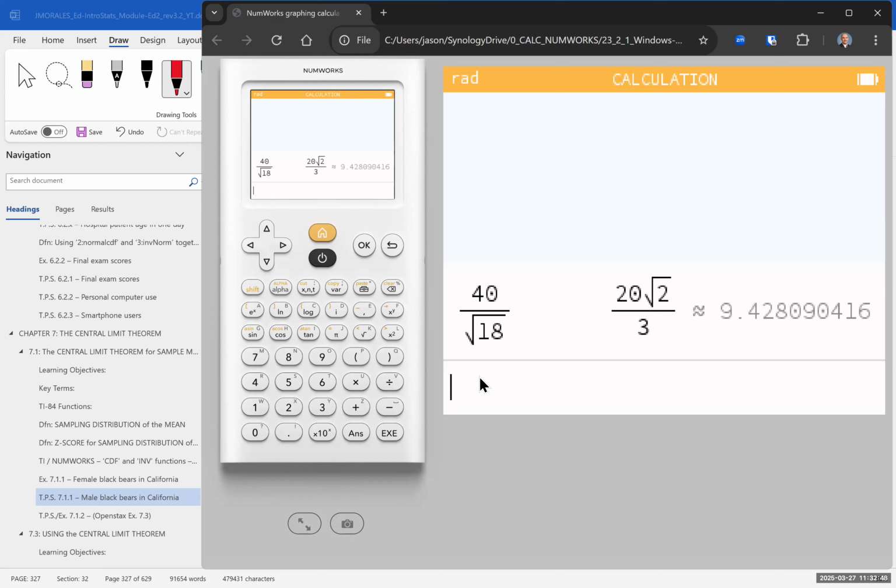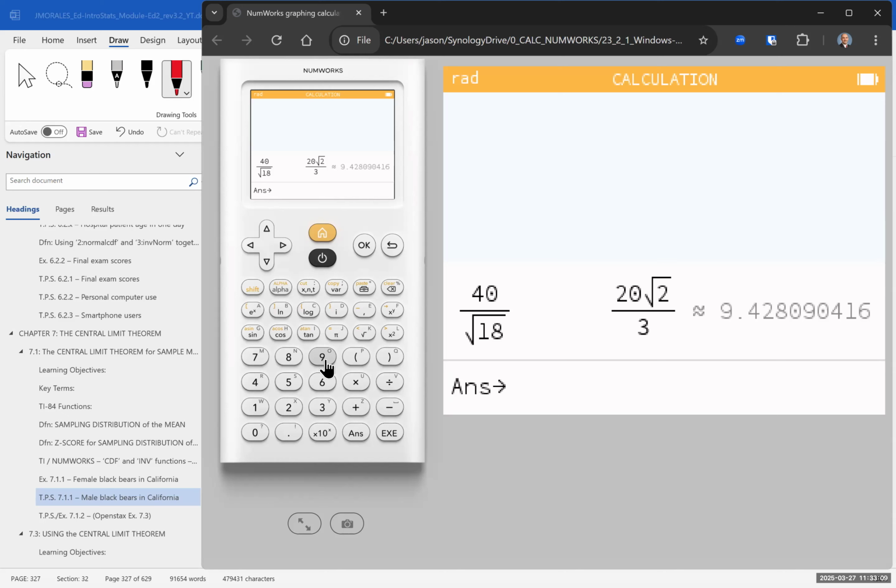If I want to take this recent value and store it, I can use this orange arrow that's on the X to the Y key. So in order to use that, I hit Shift and then this arrow, and it's going to take my answer and store it in whatever letter I want.